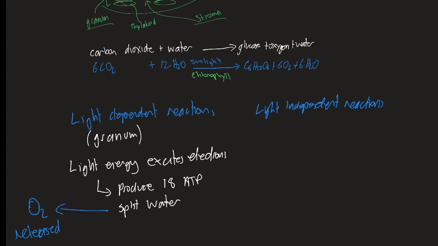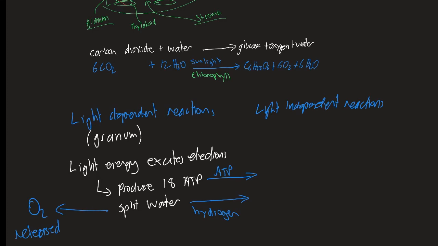So the oxygen gets released, and what's left is the hydrogen, and that hydrogen goes across to the light-independent reactions. So light-dependent, it excites electrons and it splits water. The ATP is also used in the light-independent reactions as well. So the light-dependent reactions excite electrons to produce ATP and split water.